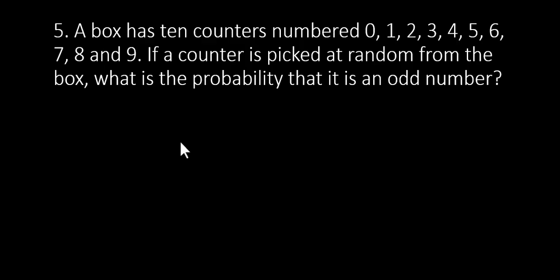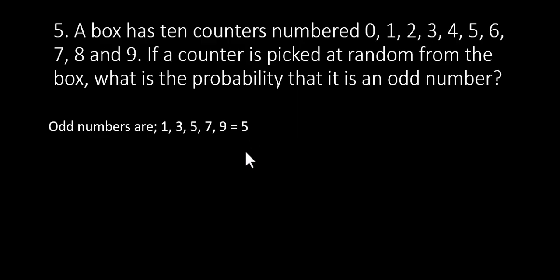In this particular case, we need to identify an odd number. Our odd numbers are 1, 3, 5, 7, 9, adding up to 5, over the total outcome.